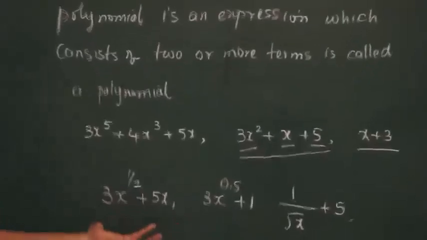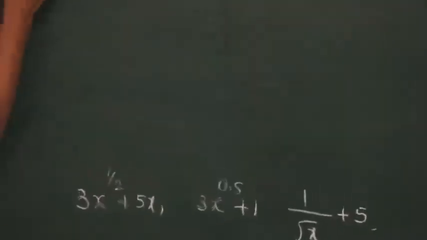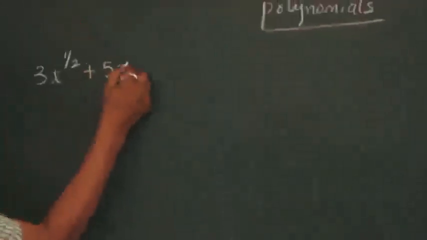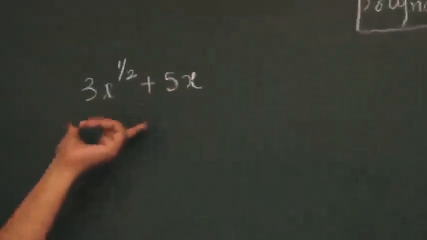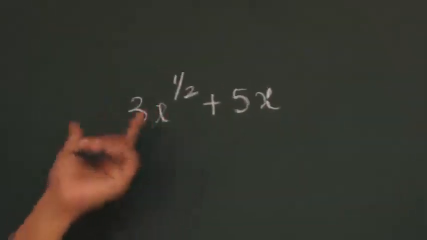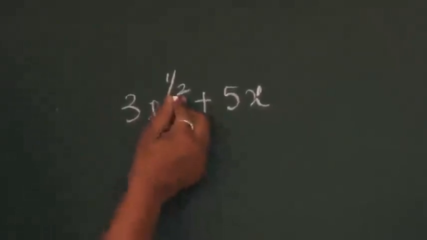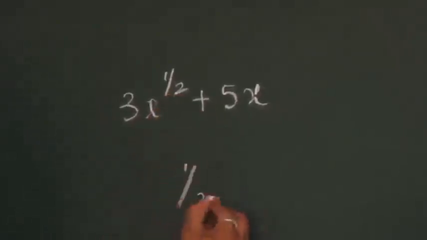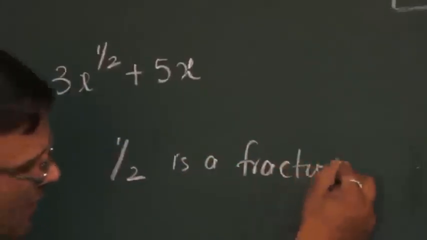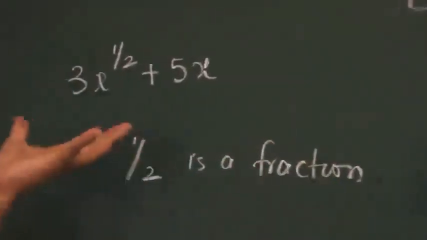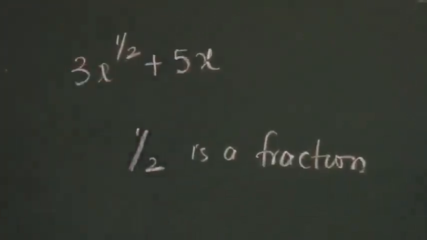We have to check. First one, 3x to the power of 1 by 2 plus 5x. Here the power of x is 1 by 2, which is a fraction. Therefore, this given expression is not a polynomial.